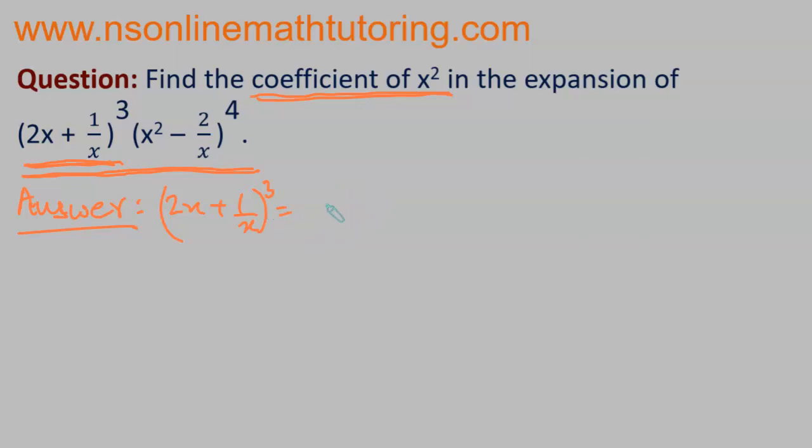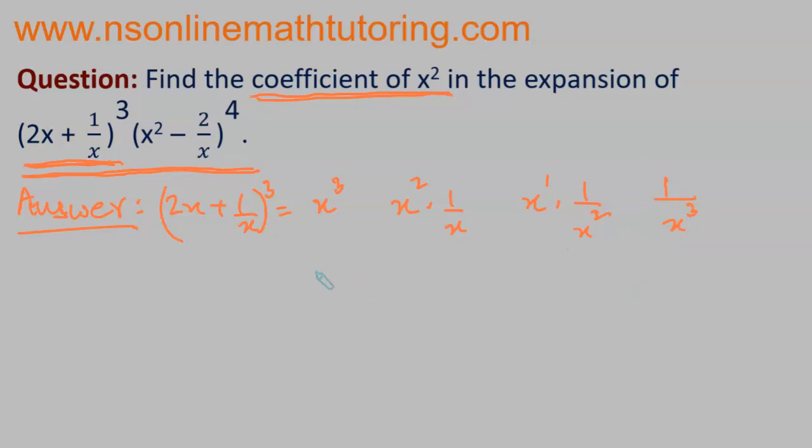It is x to the power of 3. Second one, x to the power of 2 times 1 over x. Next, x to the power of 1 times 1 over x to the power of 2 or x squared. And finally, it is 1 over x to the power of 3.